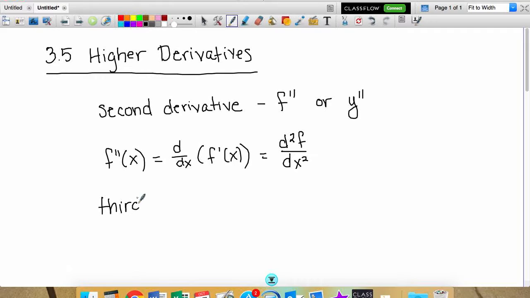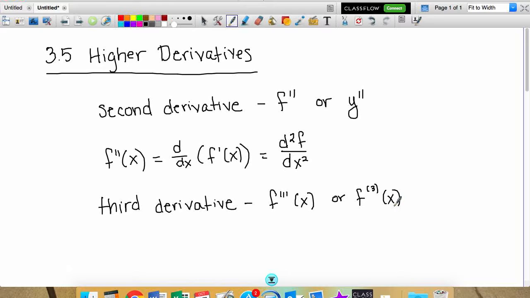We could also have third derivatives, which would look like the triple prime. Or they could also be written with a superscript number in parentheses.